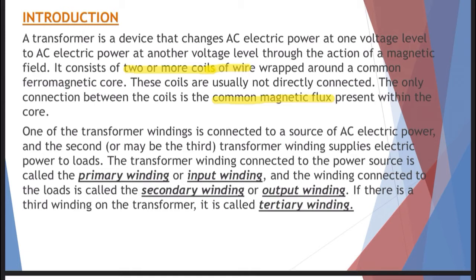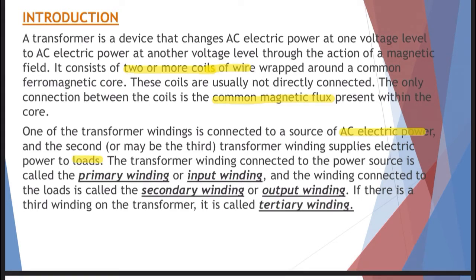One of the transformer windings is connected to a source of AC electrical power, and the second transformer winding supplies electrical power to the loads.